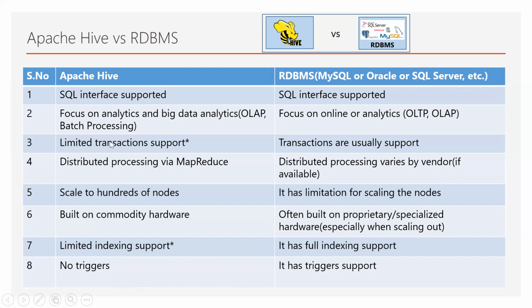There are no triggers in Apache Hive. In an RDBMS we have triggers, which are sets of logic triggered whenever you perform an operation on your tables. That was the quick difference between Apache Hive and RDBMS systems.